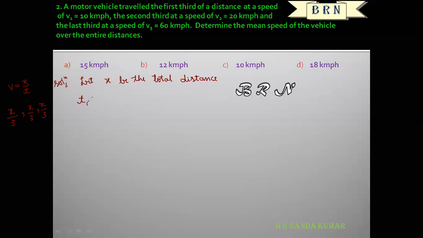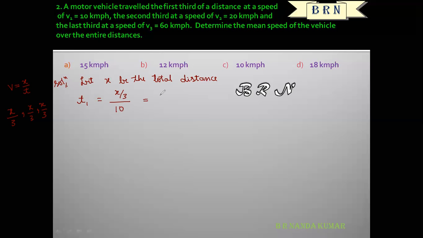T is equal to X by V, so T1 is equal to X by 3 divided by the speed of the first third, which is 10 kilometer per hour.